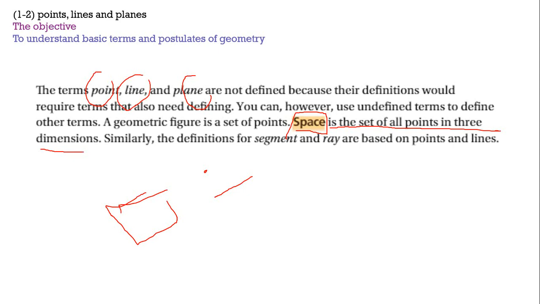If they said here it is not defined yet, because we don't know where they are. We don't know if they are on a table, so that's why we represent them by saying space. So point, line, and plane, they are in the space.